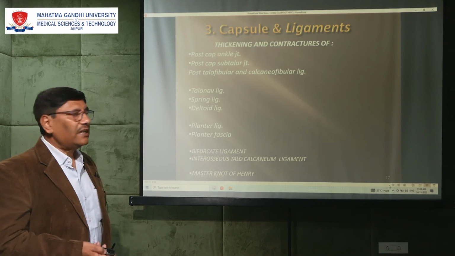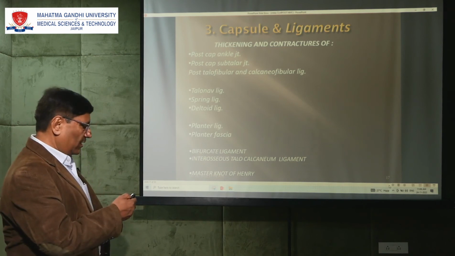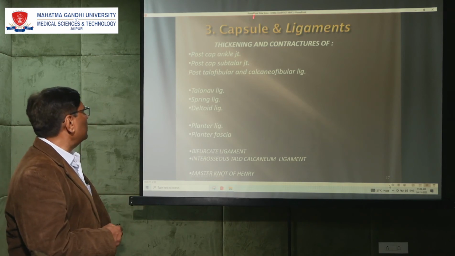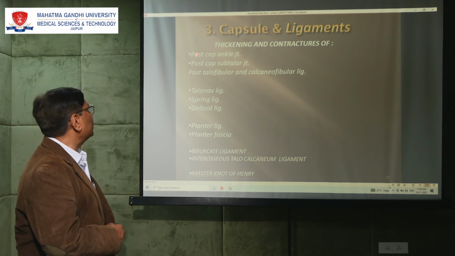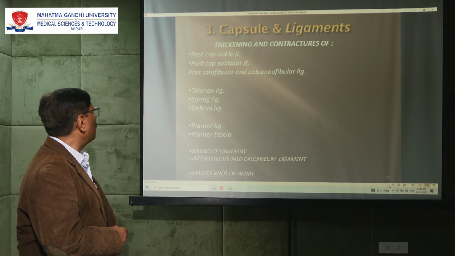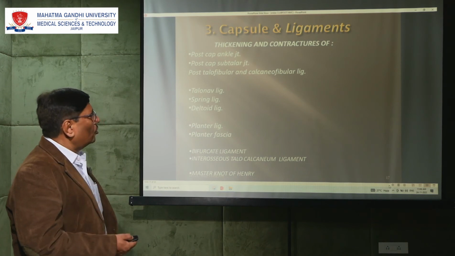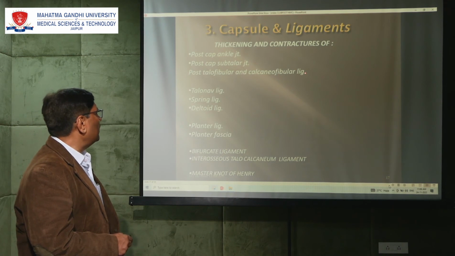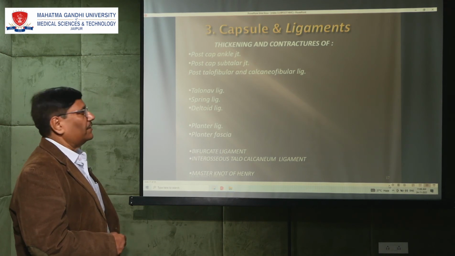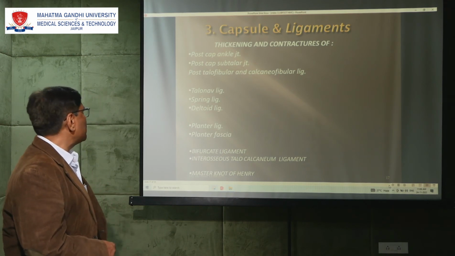Coming to the capsules and ligaments, posteriorly you have the ankle joint, tibio-talar joint, subtalar joint. Now both these capsules of the joints are contracted. On the lateral side, posterior talofibular ligament and calcaneofibular ligament, they are also contracted.